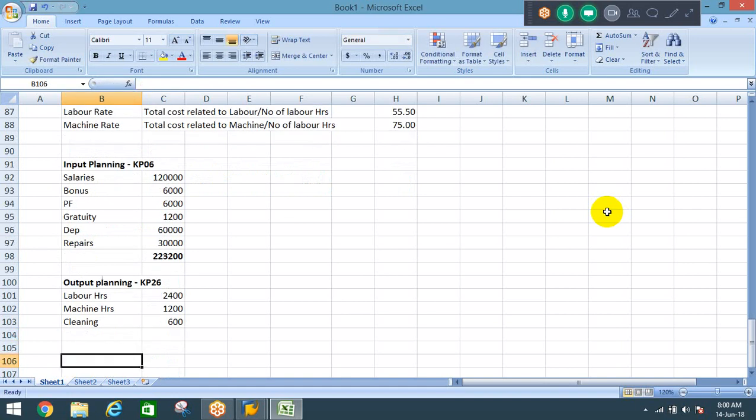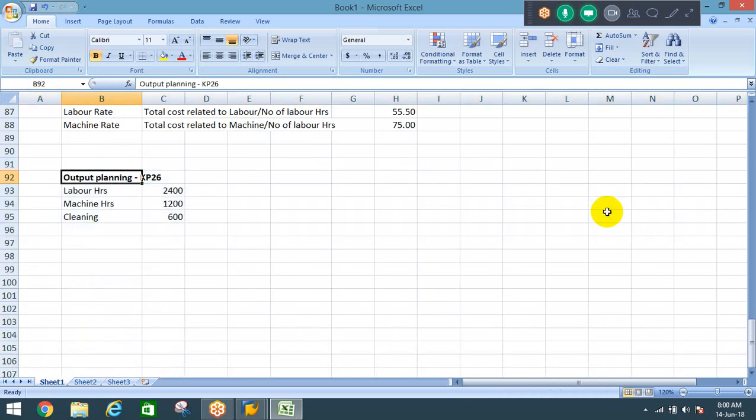Okay, salaries, now we did the output planning. This is the output planning in one particular cost center, and input planning, KP input planning, we have salaries, okay, 1,20,000.